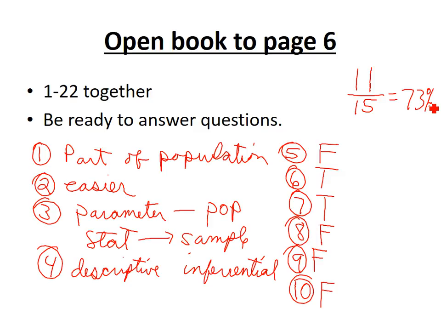Now, if we go out in the hallway and we pick 15 people, or however many people, is it gonna be 73% of them that drove to school? Probably not. Everybody in here is at least a what? Junior. So everybody in here has had a chance at least to get their driver's license, whereas a lot of the people out in the hallway haven't even had a chance to get their license yet.